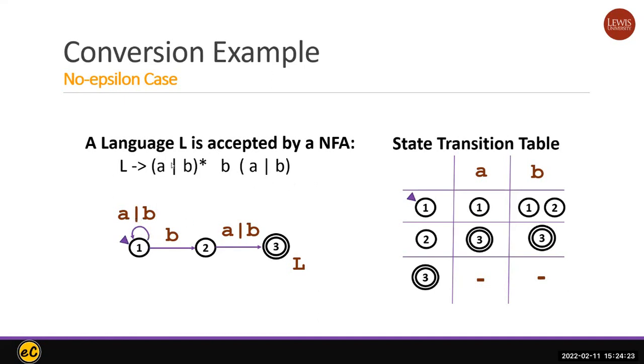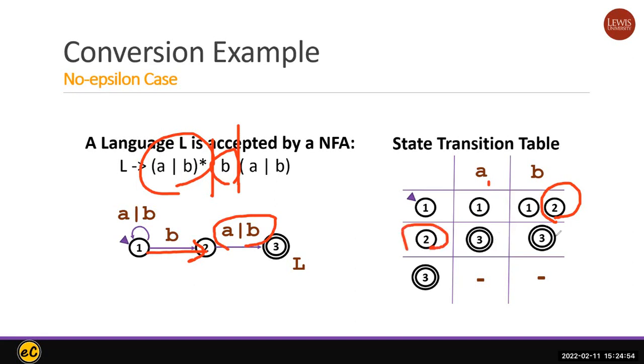In state one, if we take A or B, we repeat at state one. But if we take B, sometimes we may go to state two. Then in state two, we take a B, and after that you may take an A or B. So take another A in state two, take a B, A or B, and you will go to your termination state.